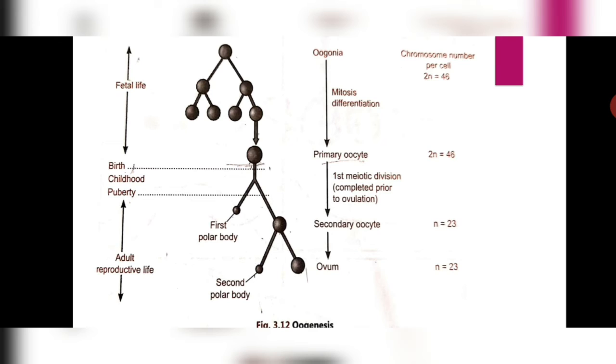Each primary oocyte at this time of the growth phase gets surrounded by a layer of granulosa cells and is called a primary follicle. A large number of primary follicles degenerate from birth to puberty. At puberty, only around 60 to 80,000 of the primary follicles are present in each of the ovaries. So around 80,000 in one, 80,000 in the other ovary.